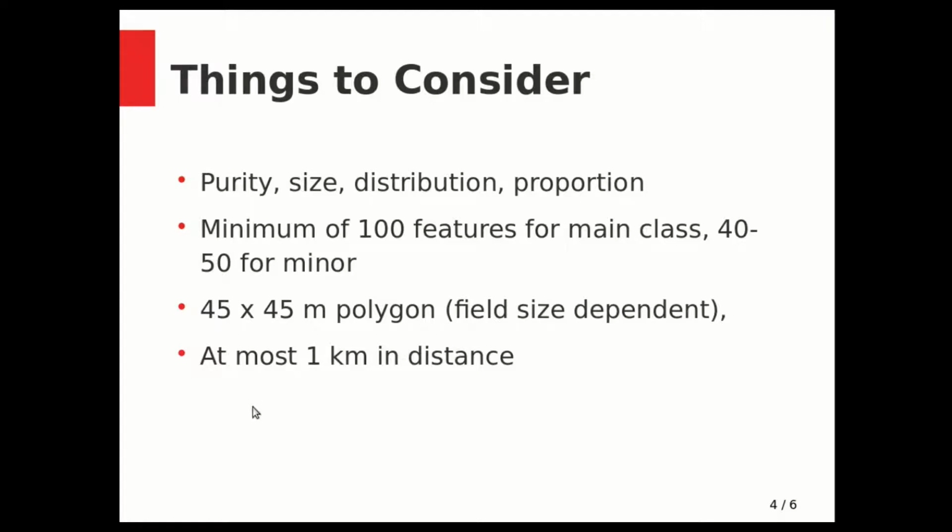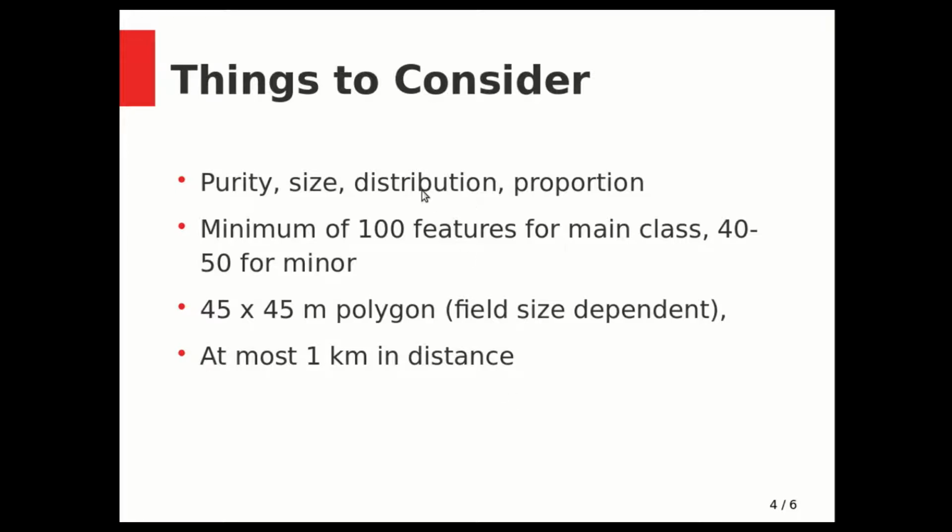So when we talk about at most 1 kilometer in distance, it means that the nearer the land cover features are to each other, the better, since our classification algorithm must capture the real traits or characteristics of your land cover using the training data.